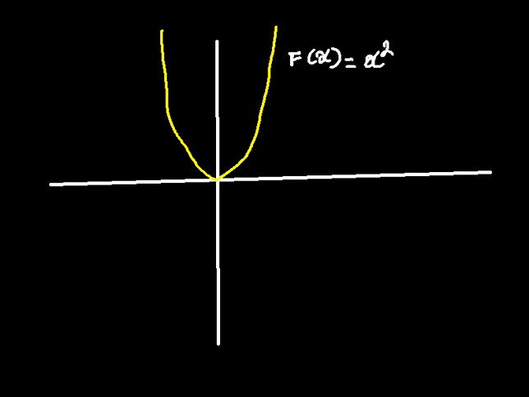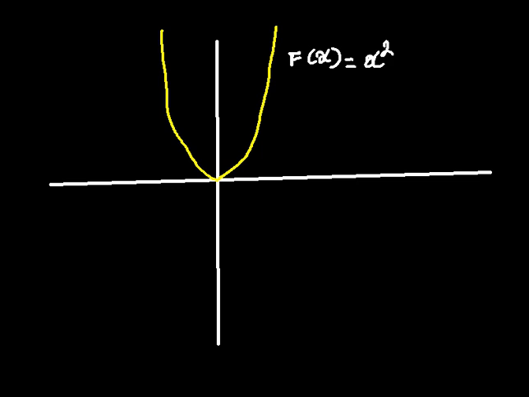As you can see here, the graph has been divided into two equal parts by the y-axis. Which means the graph is symmetric with respect to the y-axis. That's how you should understand it.